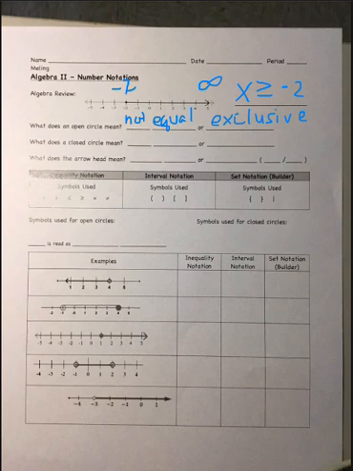The closed circle. So if the open circle means not equal to, the closed circle means it can equal it. It can be equal. And instead of exclusive, it would be inclusive. So open circle, not equal to, exclusive. Closed circle, it can equal it, and it's inclusive.